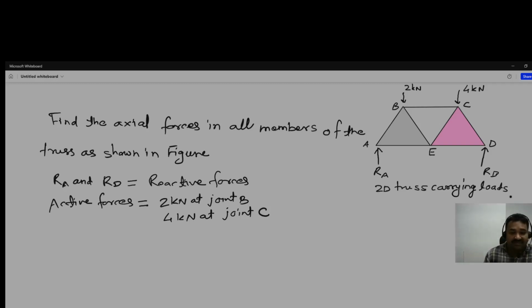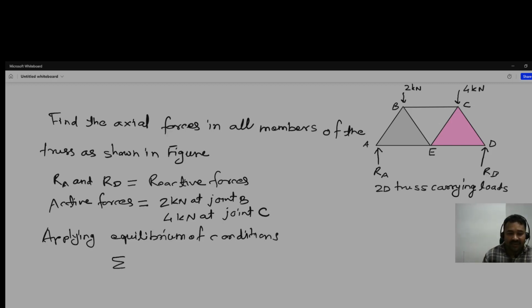So for that, first we have to get the support reaction values RA and RD. These are two unknowns, but how to get them? So first approach is, we are now applying equilibrium conditions.